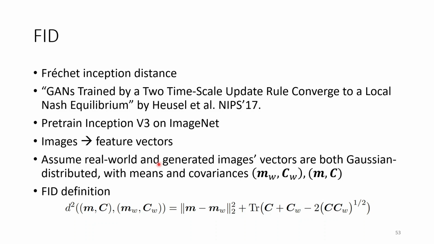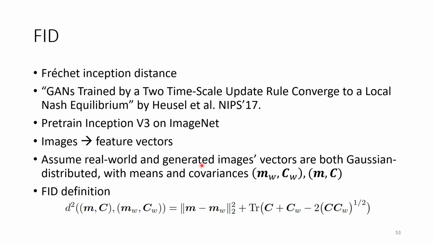However, we don't know the distribution of those feature points. So they assume they are Gaussian. This is a very strong and straightforward assumption, but for most cases, it works. So this is an interesting part. Okay.